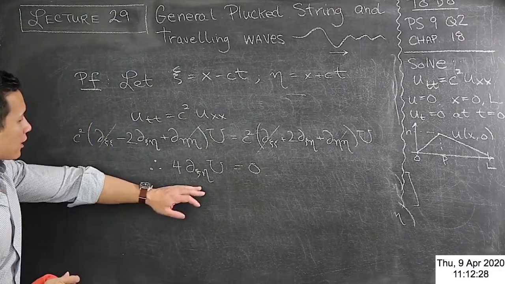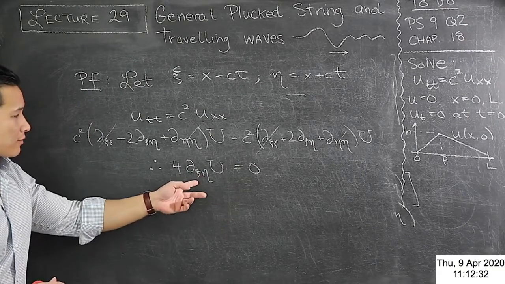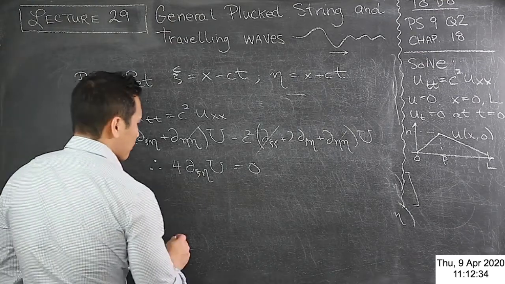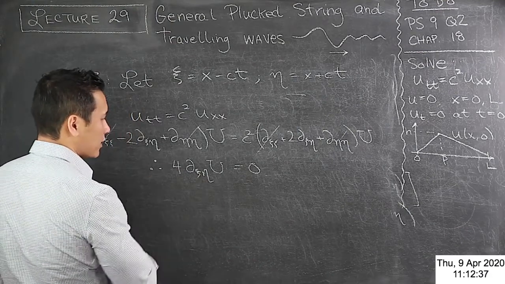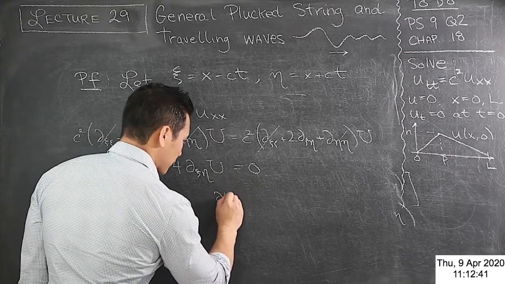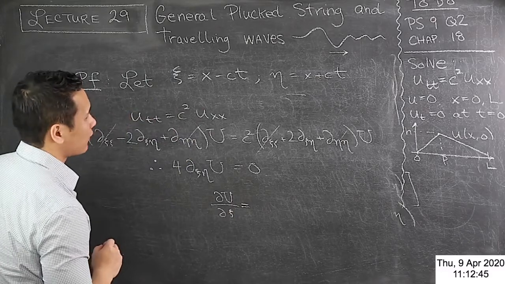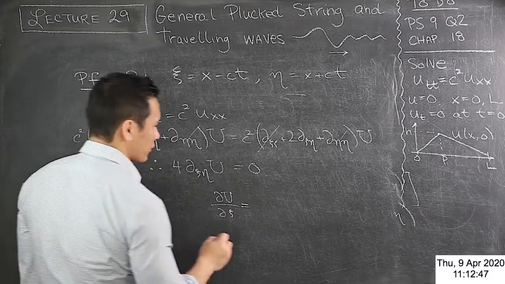Okay, so now I'm going to take this thing and I'm just going to integrate it twice. I integrate it the first time. So you integrate in eta, so you can just cancel out the 4 if you like. But this now gives you du d_xi is a function of xi. Okay, I'm going to call this a temporary function.